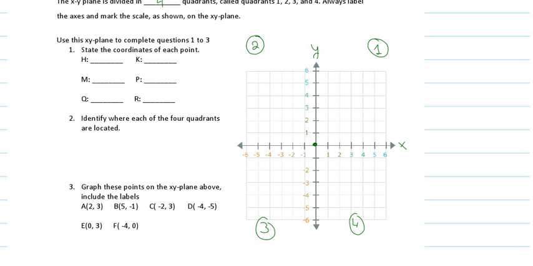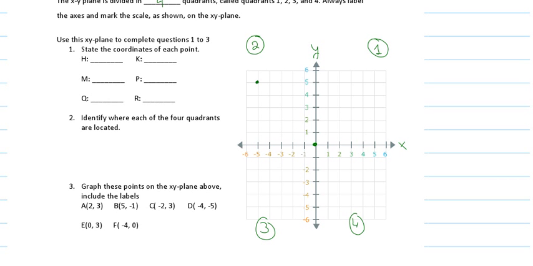So let me just put the points right here. Which points did I give you guys? Let me just open my notes one second. I'm just going to place the points. Is this M or H?